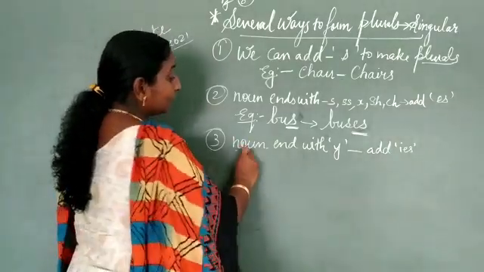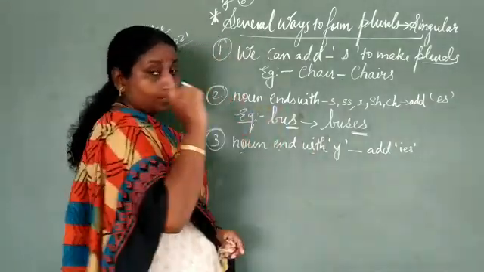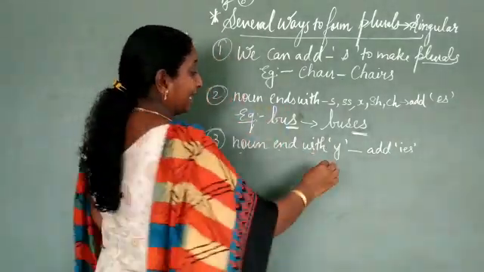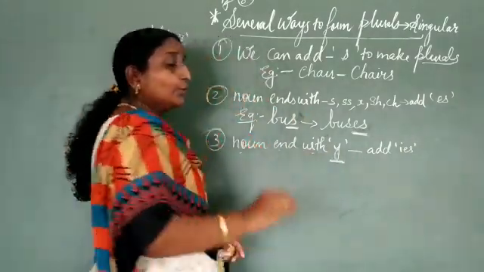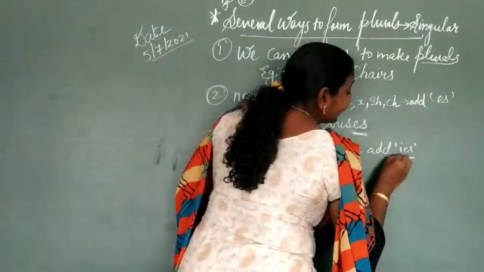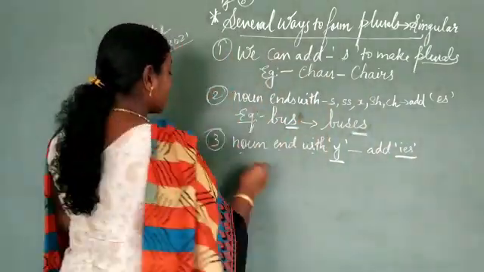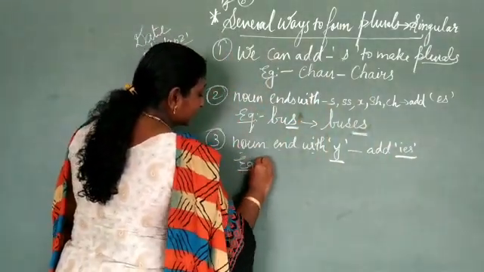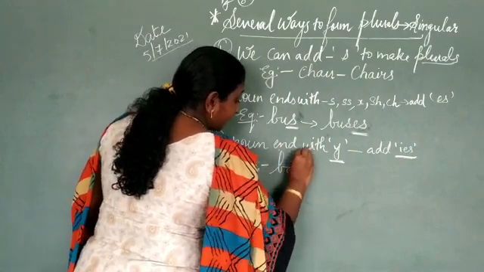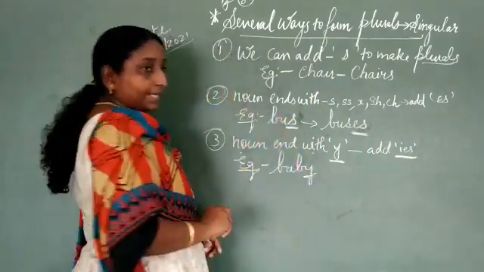Now the third one: the noun that ends with Y, the singular noun, suppose it ends with Y, you have to add I-E-S for making it plural. Suppose the example is like this. B-A-B-Y, baby.